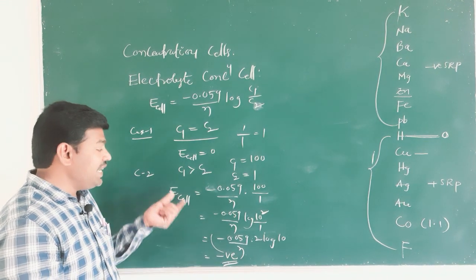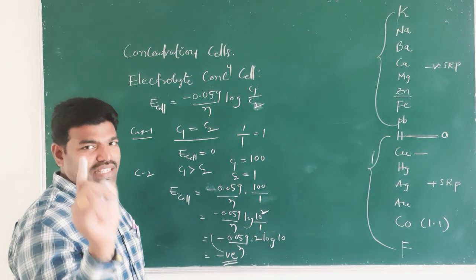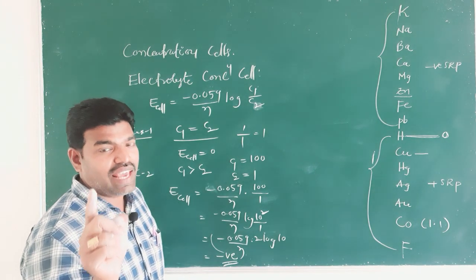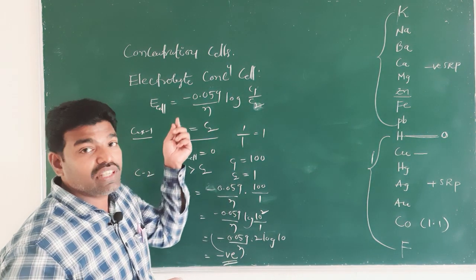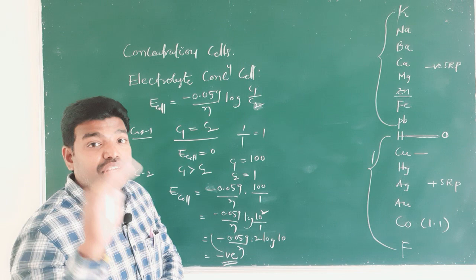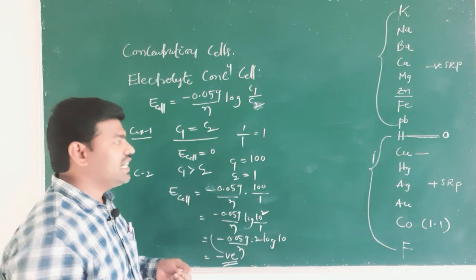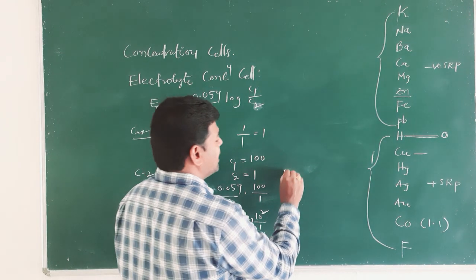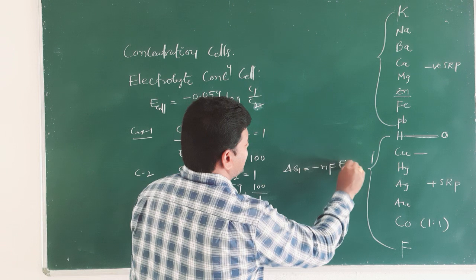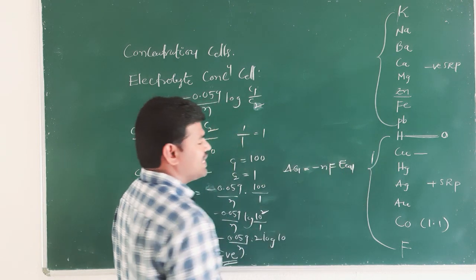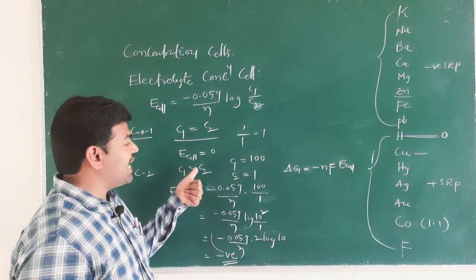But E cell is in relation with delta G, that is, the free energy of the cell. Actually, the free energy of the redox reaction is converted into electrical energy, so this electrical energy is in relation with delta G. What is the equation for delta G? Delta G is equal to minus nF E cell. E cell is negative when C1 is greater than C2.